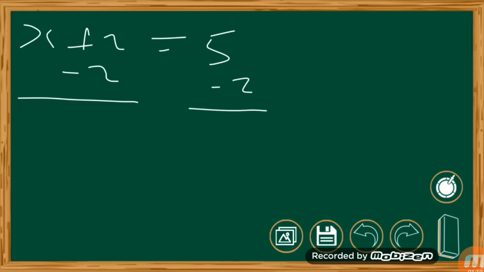So here I have x plus 2 minus 2. Plus 2 minus 2, that's going to be 0. Those are going to cancel out. So what I'm left with is just x equal to 5 minus 2, that's just 3. And that's how you would solve a problem like this.